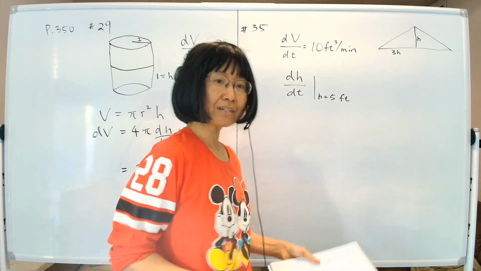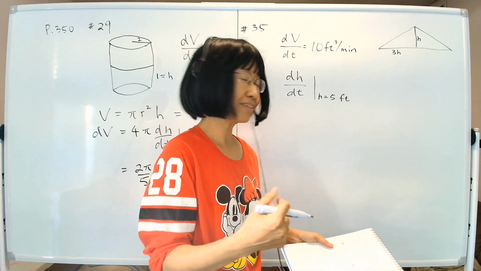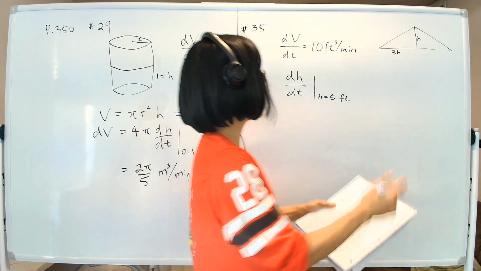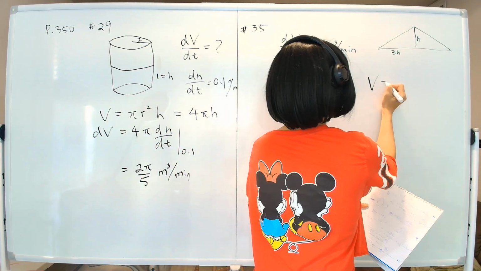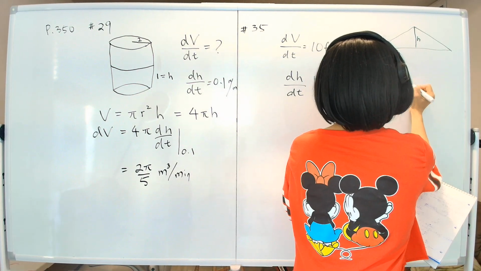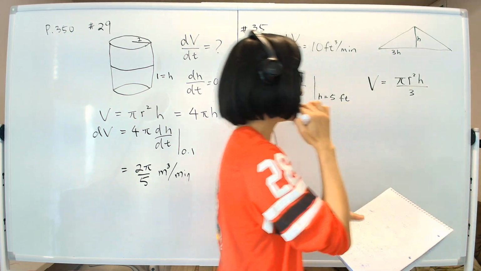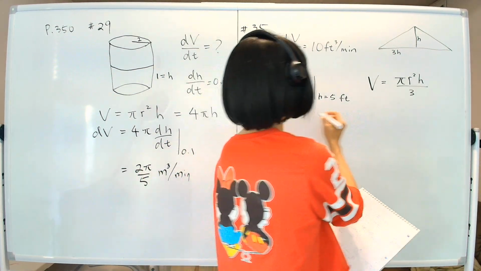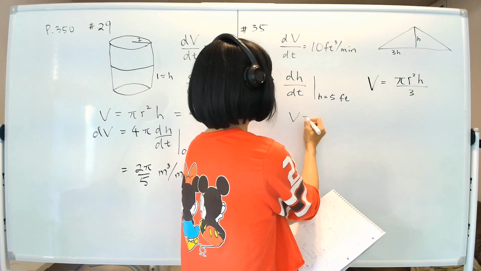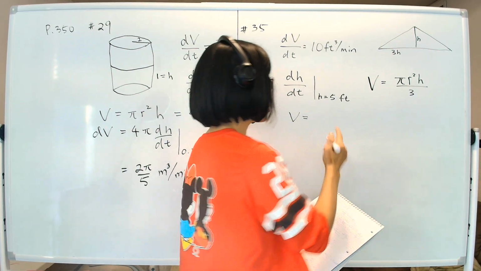The volume of a cone is taught at some point, and if you don't remember, you can look it up readily. The volume of the cone is V equals pi r squared h divided by 3. In our case, r is equal to 3h, so r squared is 9h squared.